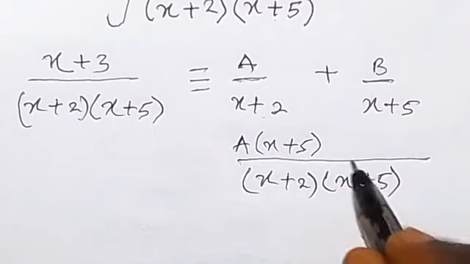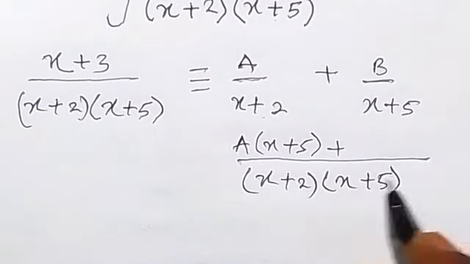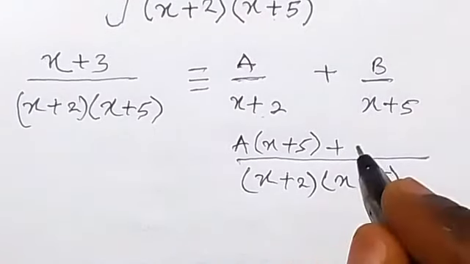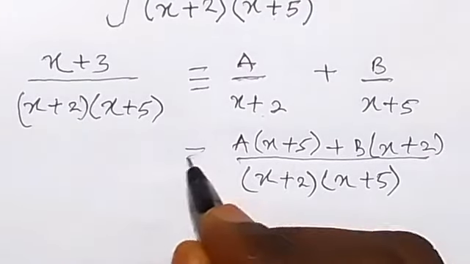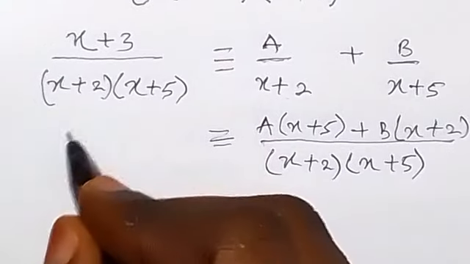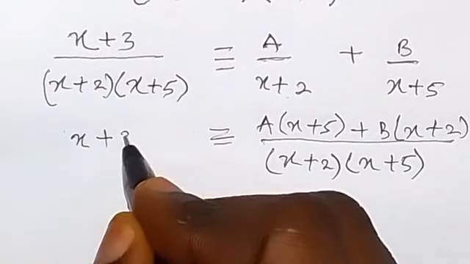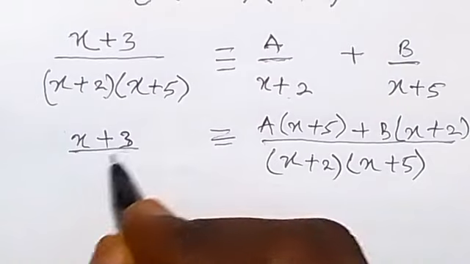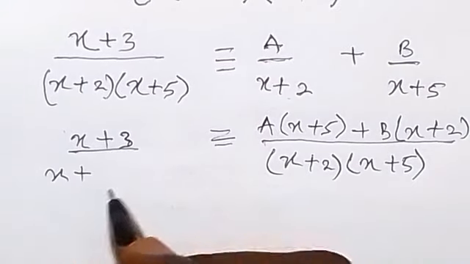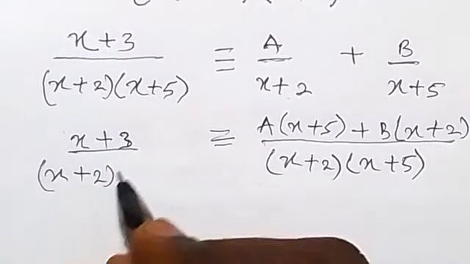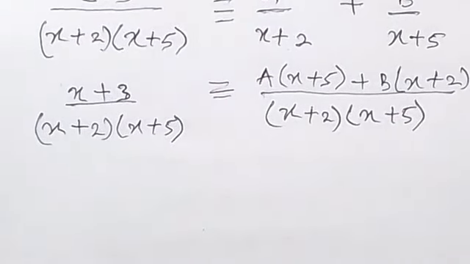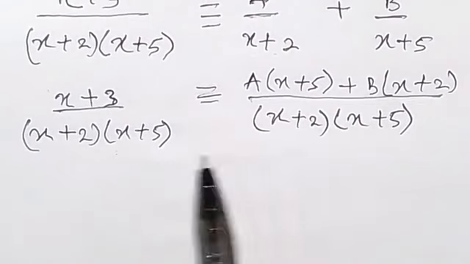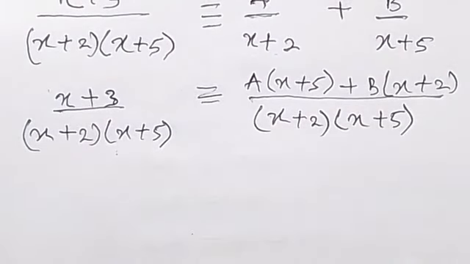Then same thing here, plus x + 5 goes, remain x + 2, then times b, that's plus b times (x + 2). This is equivalent to what we have here, which is (x + 3) divided by (x + 2)(x + 5). Now we can see that our denominators are equal to each other, and therefore our numerators should also be equal.